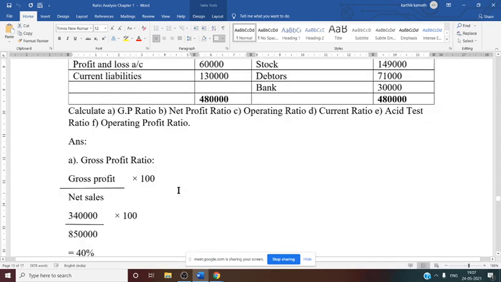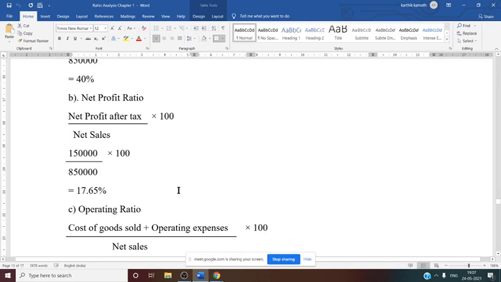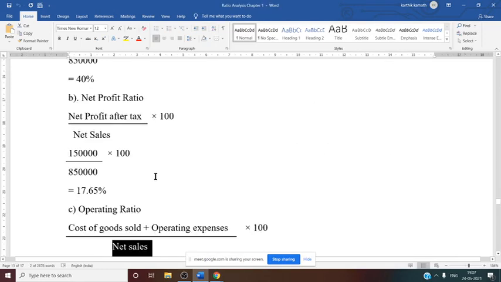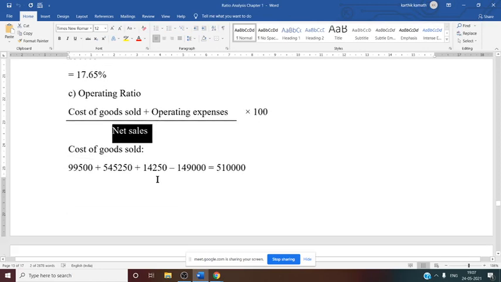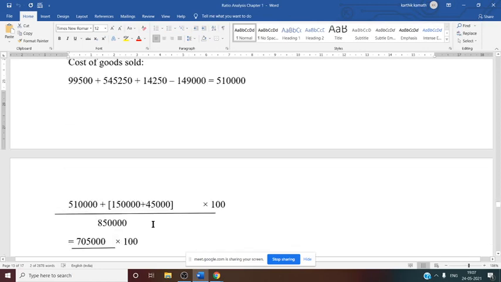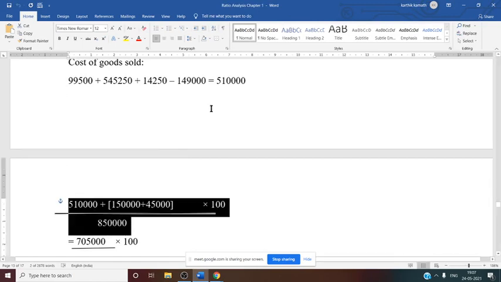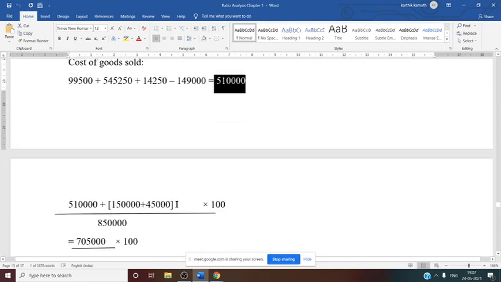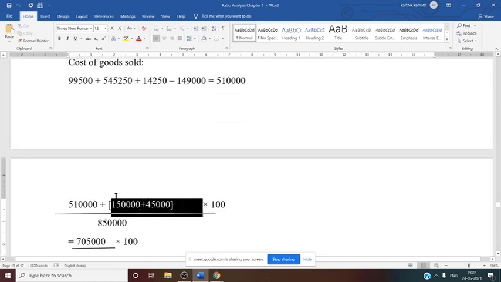So now we got cost of goods sold as well as operating expenses. Net sales, anyways we know, we have calculated net sales for the previous problem, directly from the question you can take the sales amount. So now just substitute the amounts in the formula given for operating ratio. So cost of goods sold, that is 5,10,000, plus operating expenses, that is 1,95,000. Why 1,95,000?